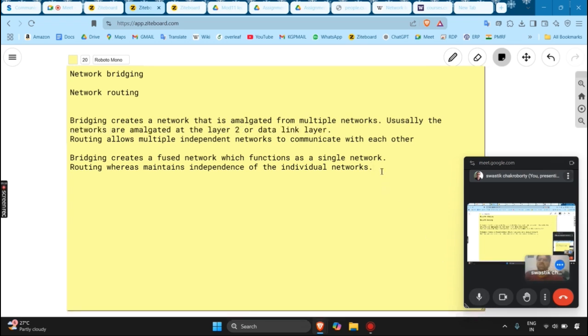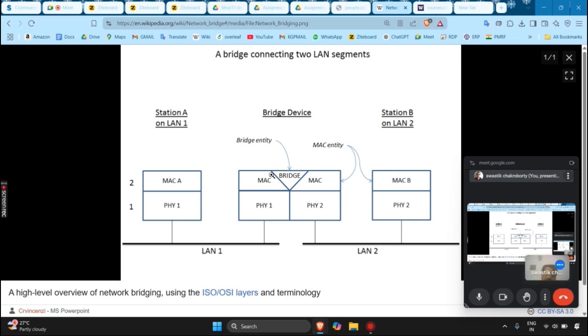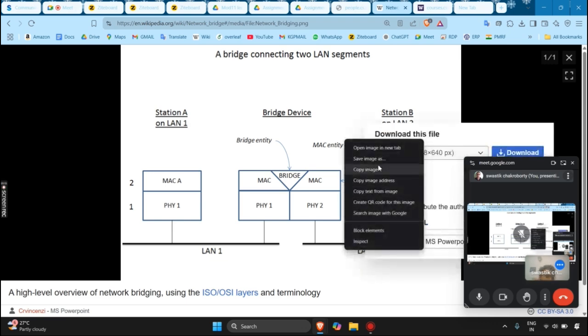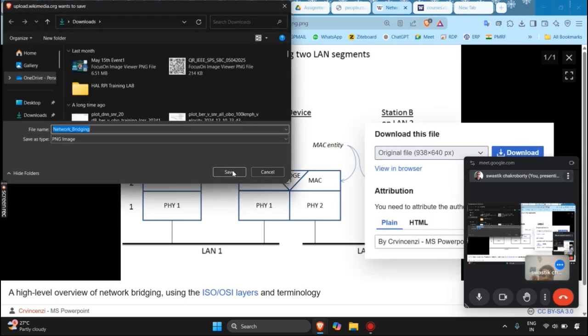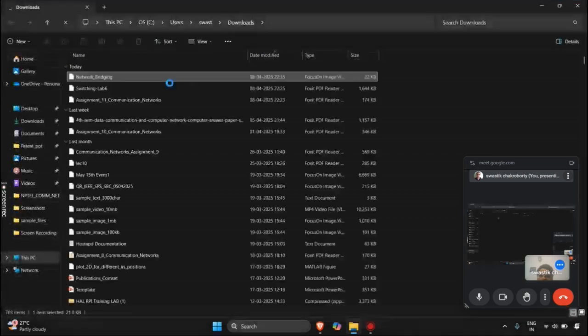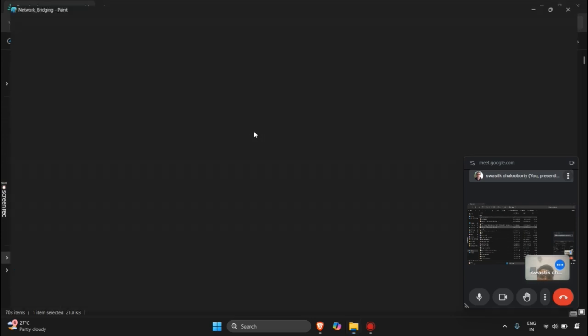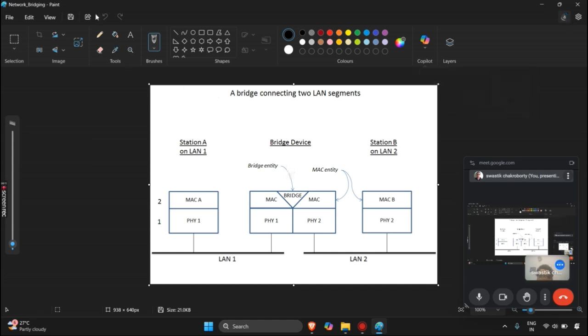Now let's check out the network. Here we can see this is network 1.